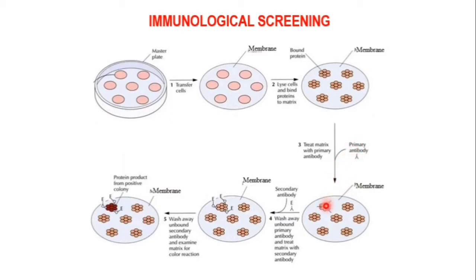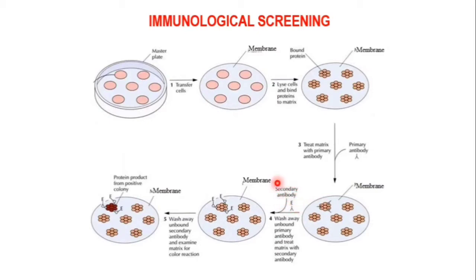After adding the primary antibody, we'll wash to remove the unbound antibody from the nitrocellulose membrane, and after the washing, we'll add a secondary antibody.